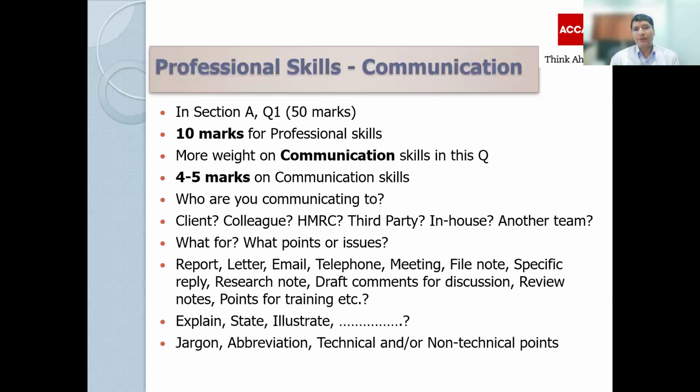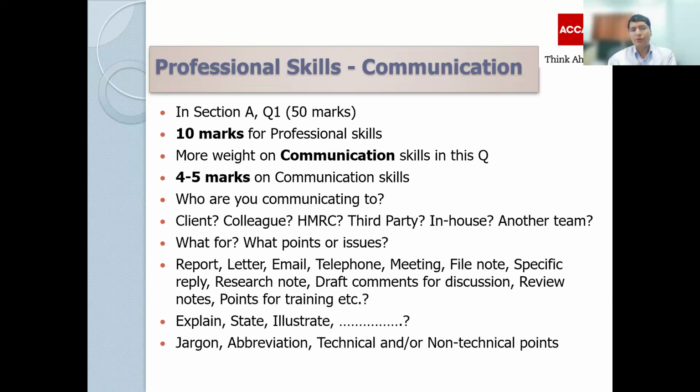So jargon, abbreviation, technical and non-technical point. If you are preparing a file note for your meeting in-house for your manager, then jargon may be fine. Abbreviation may be fine. You may be a bit more technical. For example, PPR, your manager will understand. But if you say PPR to your client, they won't understand. So you need to explain it. Principal private residence.